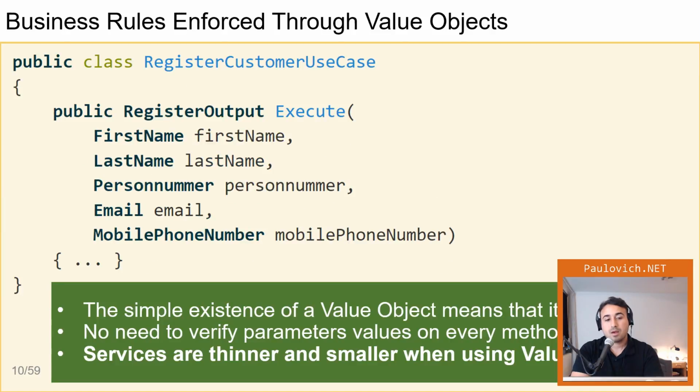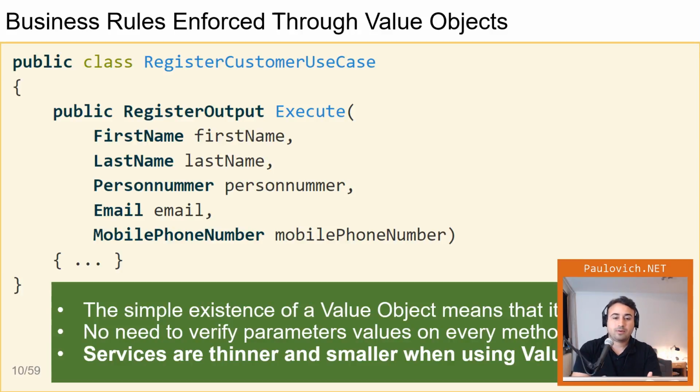Well, one of the benefits of this approach is that the same class, called register customer use case, instead of receiving the arguments as strings, is now receiving the arguments as value objects with properties like first name, last name.